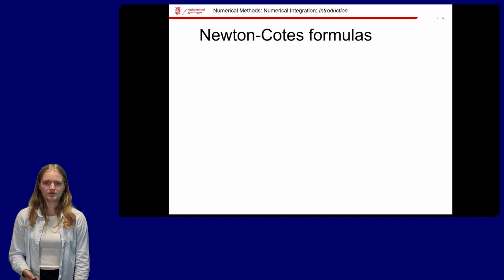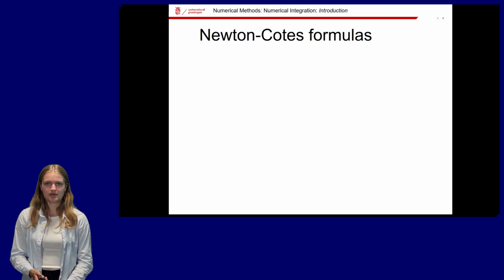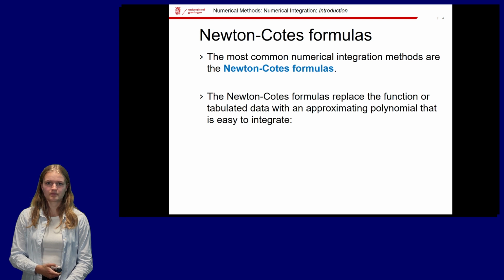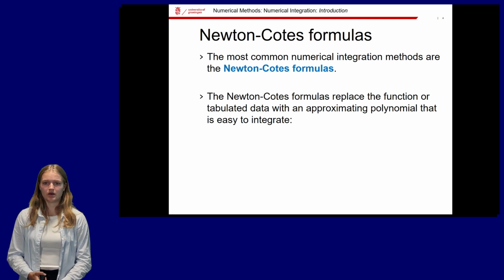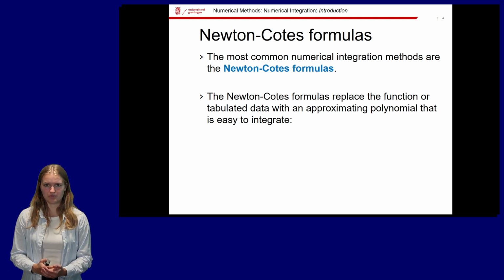So the most common numerical integration methods are the Newton-Cotes formulas. And the Newton-Cotes formulas rely on replacing the function or the tabulated data with an interpolating polynomial that is easy to integrate.